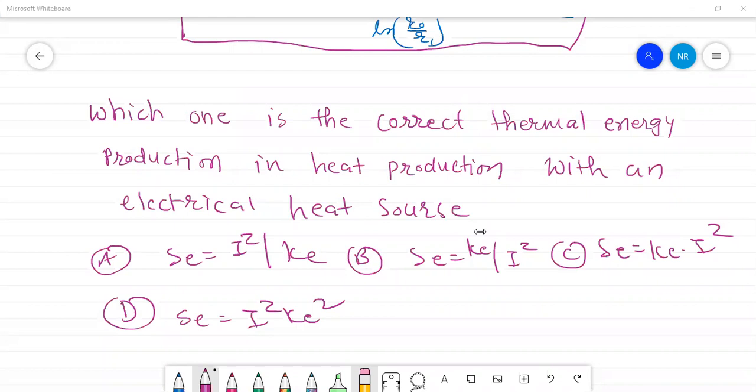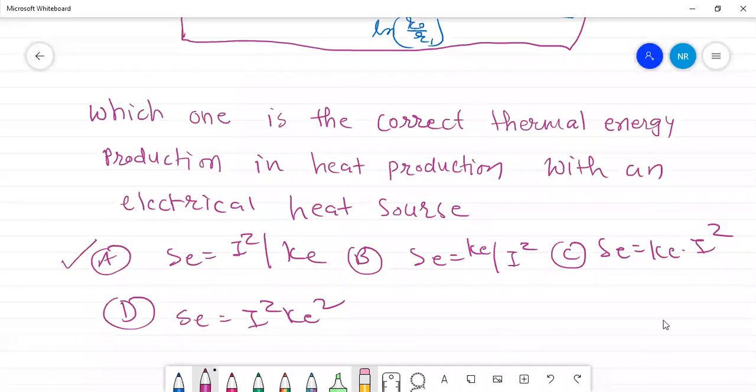So you have to see the theory, and in the theory, it is written what the heat energy production for an electrical heat source is. The correct option will be A: Se is equal to I squared divided by Ke.